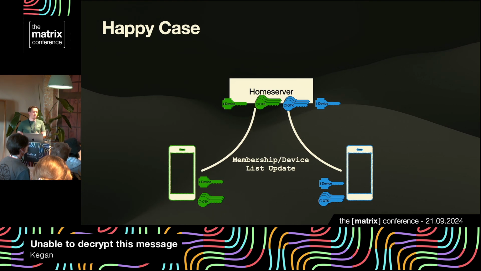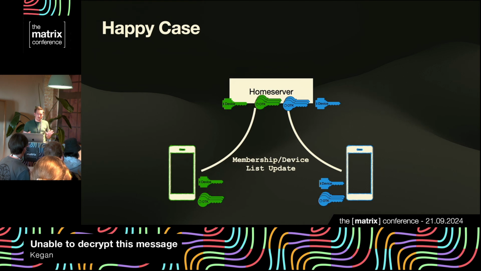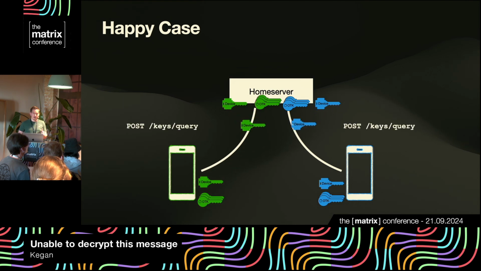So maybe the blue device has joined the same room as the green device, or maybe they were in the same room, but you've just logged in on a new device, so it's a device list update. Either way, they become aware of each other. What happens is the same regardless. There is a request to the server to fetch the other device's device keys, and that's it. So now they become aware of each other.